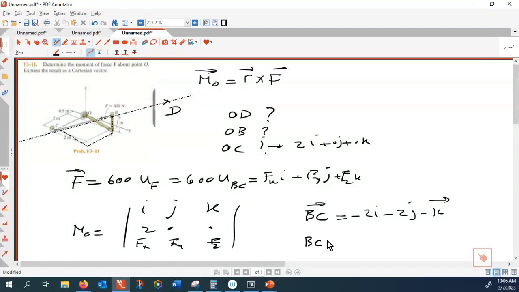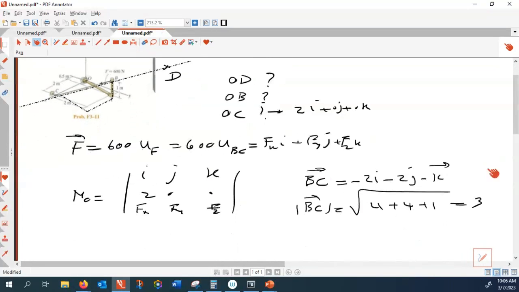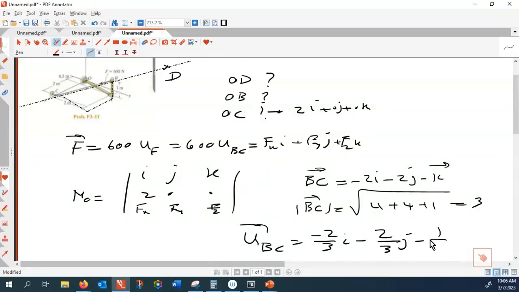And then what is the unit vector? First, I need to find the magnitude of BC. Magnitude of BC is the square root of 4 plus 4 plus 1, which is 3, right? So then my unit vector of BC is minus 2 over 3 i, minus 2 over 3 j, minus 1 over 3 k, right?